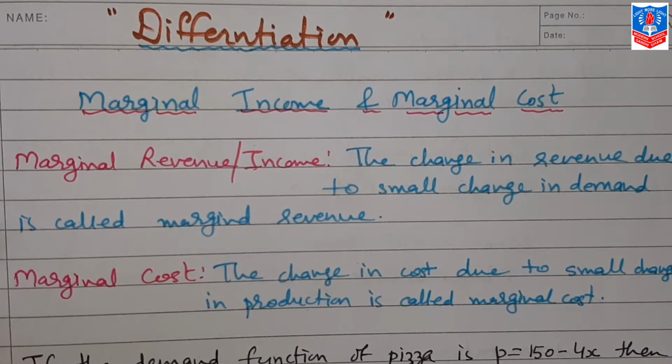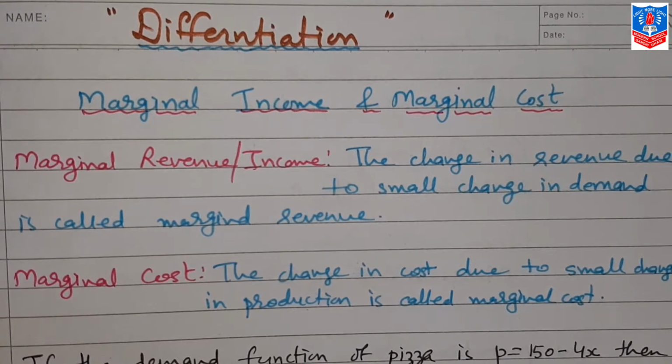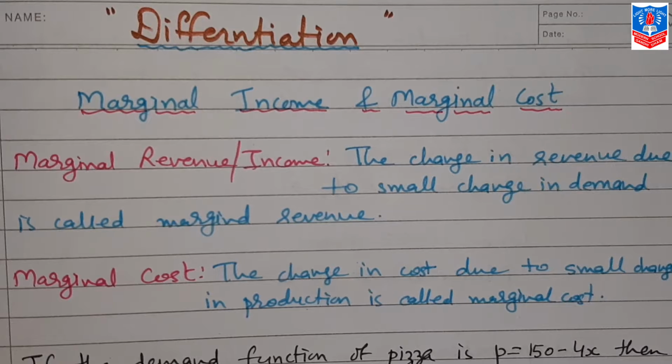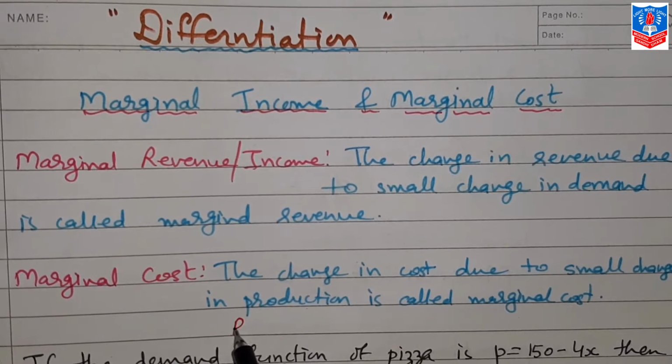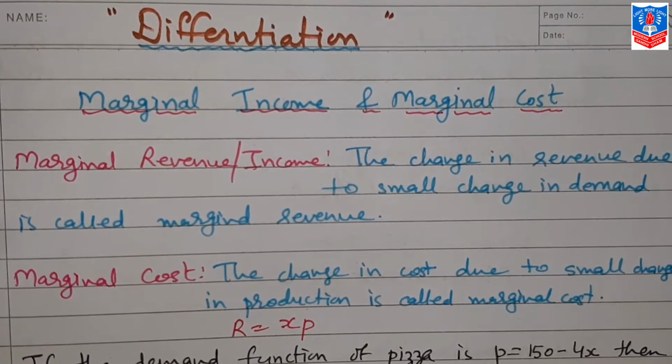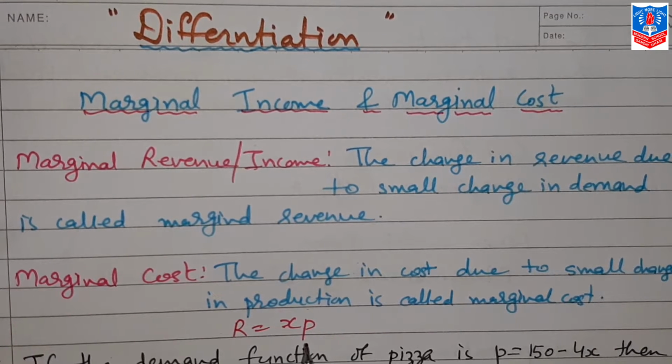If the income or revenue obtained by selling X units of a commodity is denoted by R, then R is equal to X into P. So here revenue R is a function of demand X.